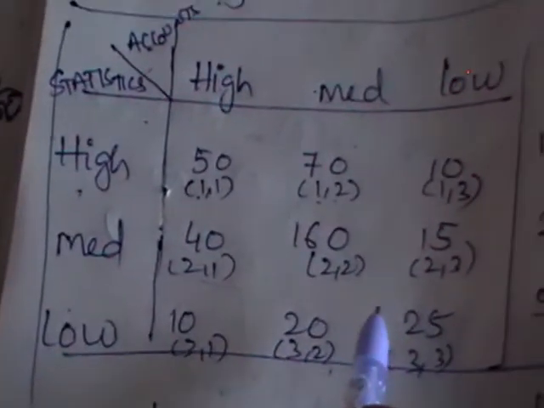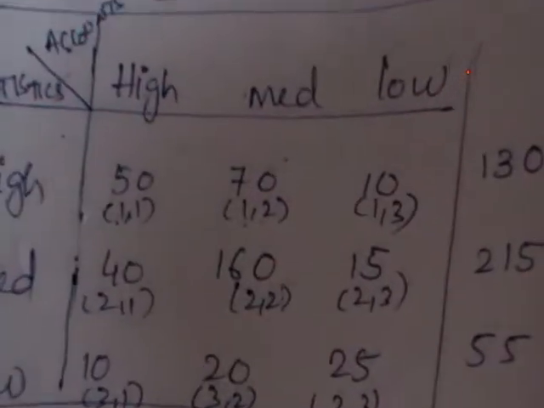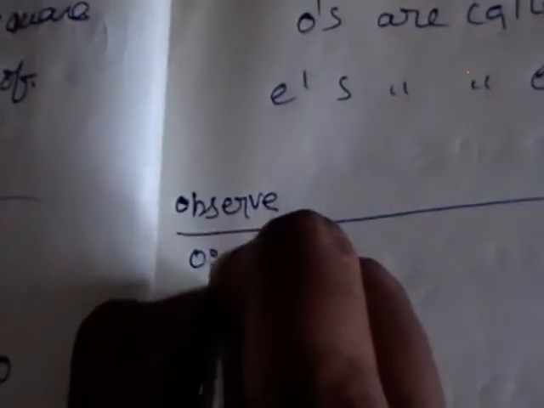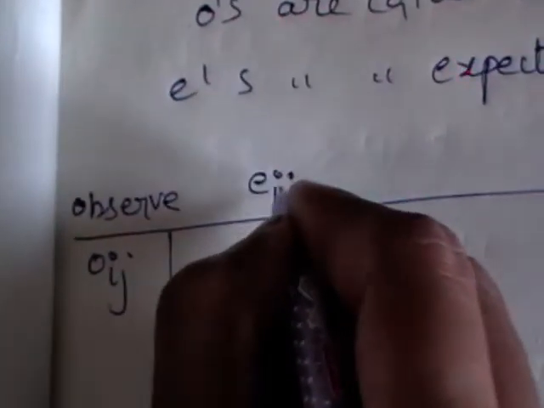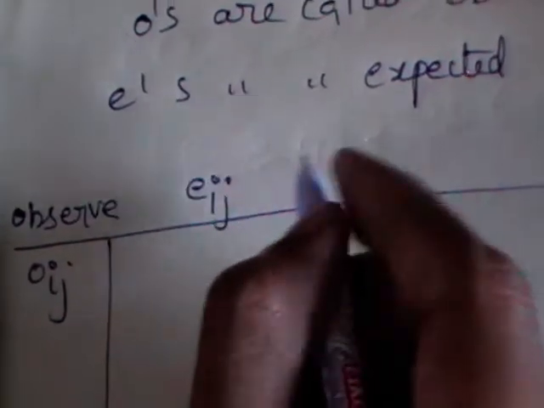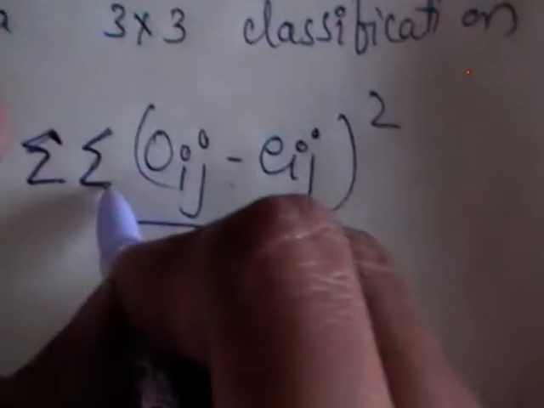So before going to calculate chi-square, let us reorganize the given data. The given frequencies are called observed frequencies, which we write with Oij. You need to calculate the expected frequencies, Eij. Then you should calculate the summation. Sum means you are going to get a column first, then you should add.